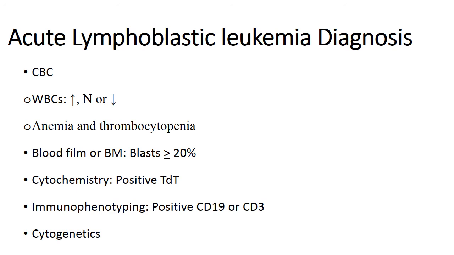The blood film and/or bone marrow will show blast cells at a percent of 20% or more.